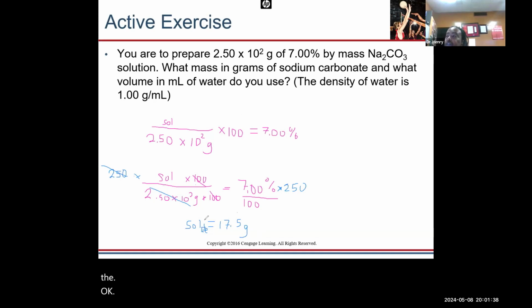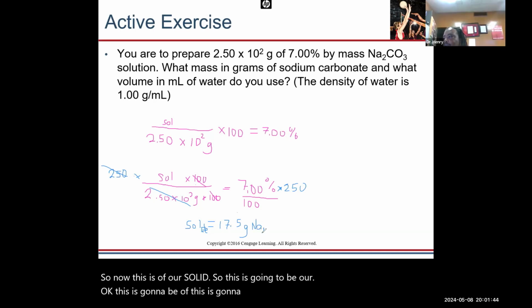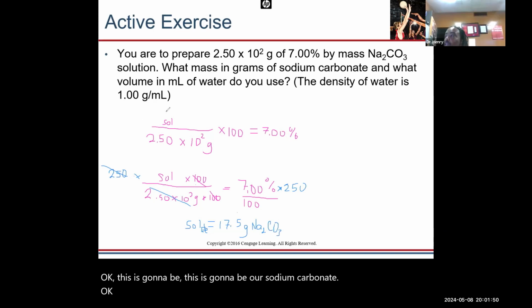So this is our solute, our sodium carbonate. Now we know that we had 250 of our total solution, and 17.5 of it was sodium carbonate.